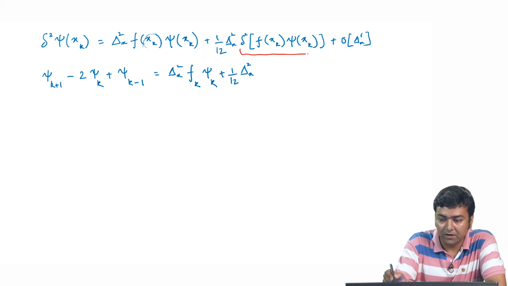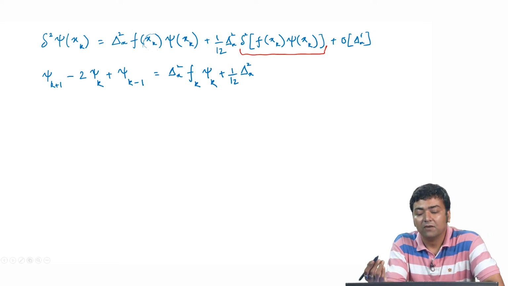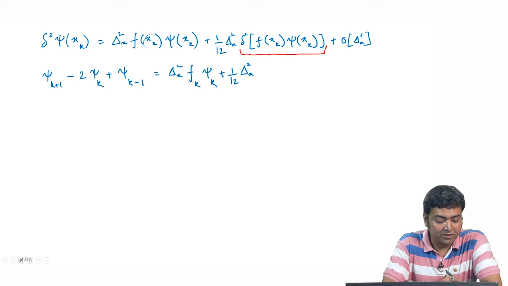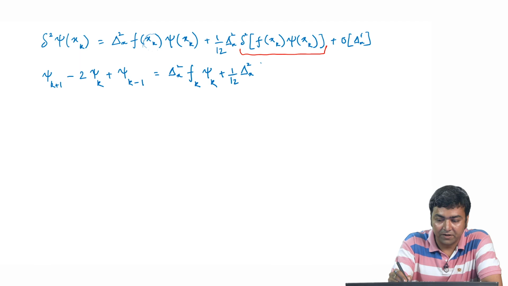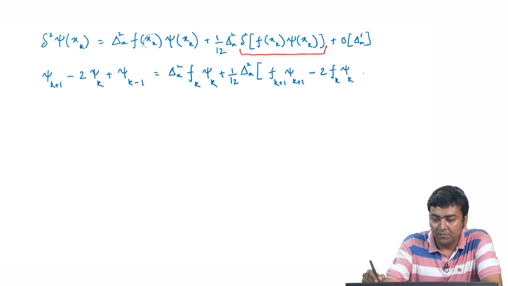For this part, I will now use the second central difference formula for the second derivative. So, I am writing it in this form: f of k plus 1 psi k plus 1 minus twice f of k psi k plus f of k minus 1 psi k minus 1.